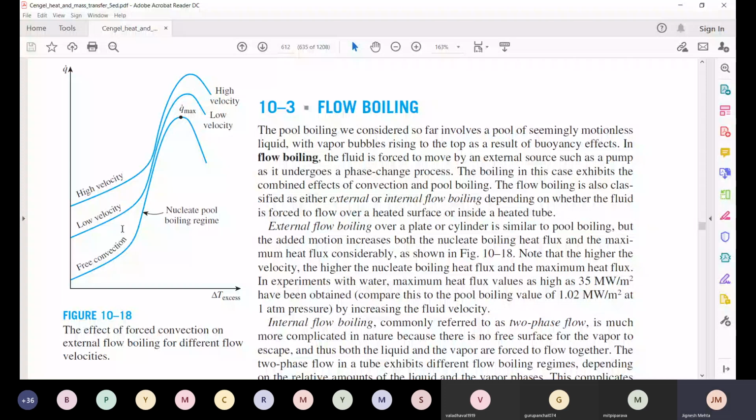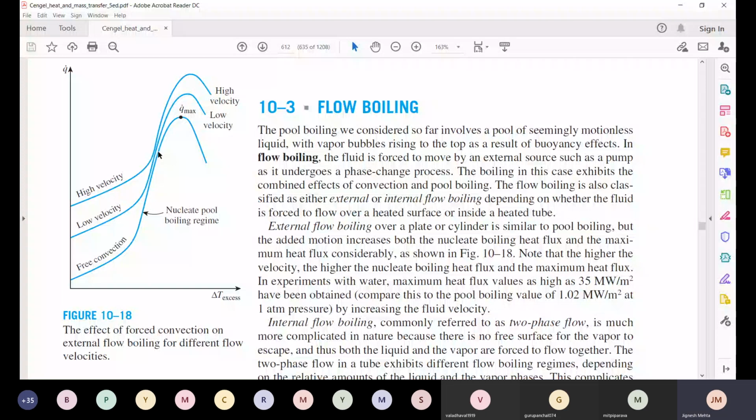What is seen is that near critical heat flux, when this curve becomes very steep, there is not a very high difference in the delta T excess for a given heat flux, right? So it doesn't make a big difference in this area. But then there is again a difference coming up in the heat flux, the critical heat flux, and beyond that.